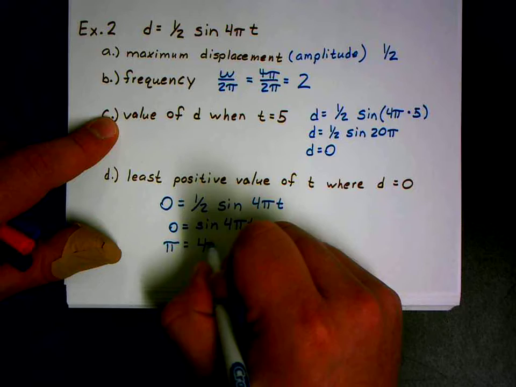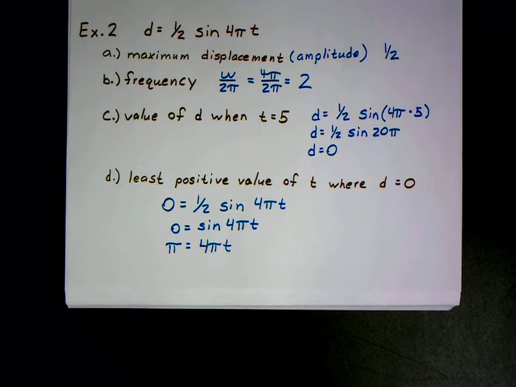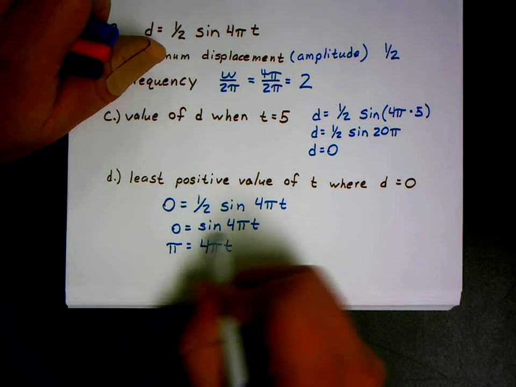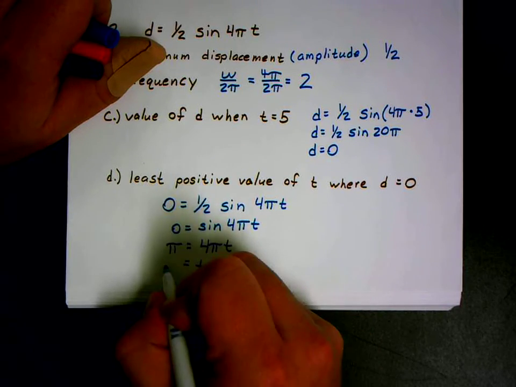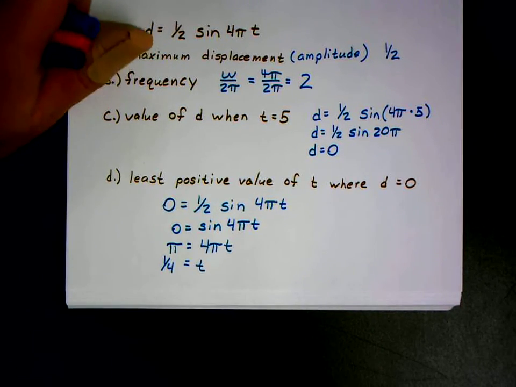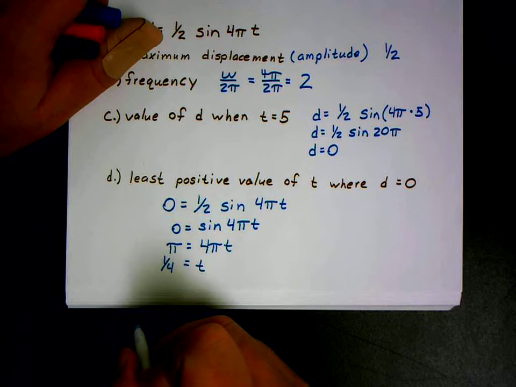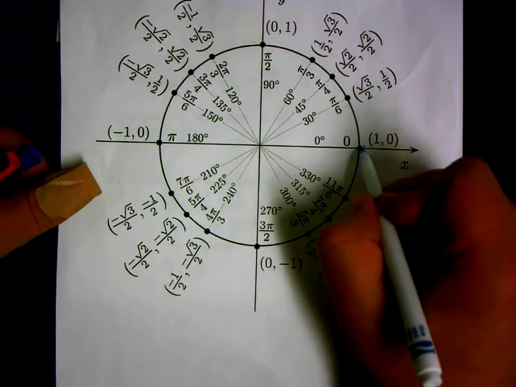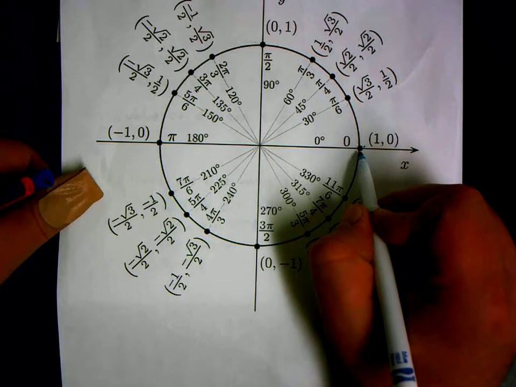That gets rid of my sine. Now I need to finish solving that though. How did I get rid of the what? I just divided it off. Okay, so my next step would be to divide both sides by 4 pi. Why did you put 0 with pi? On my unit circle, I want to find the first place where sine equals 0 that's positive.